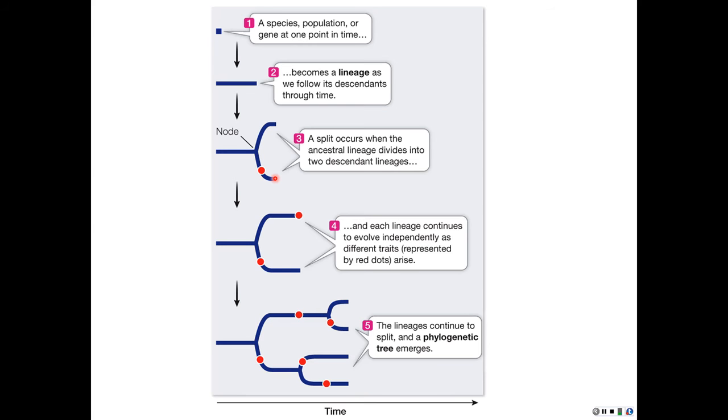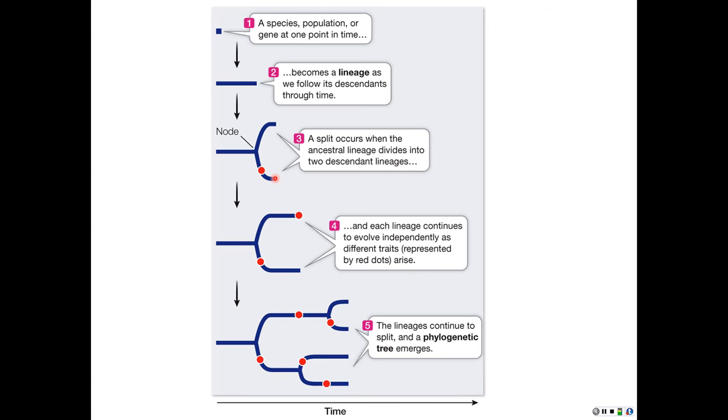And then what happens is these descendant lineages evolve independently of each other, and different traits arise through natural selection, sexual selection, genetic drift, all the different mechanisms that can cause different traits to arise.